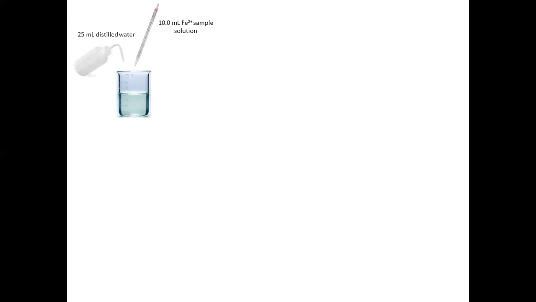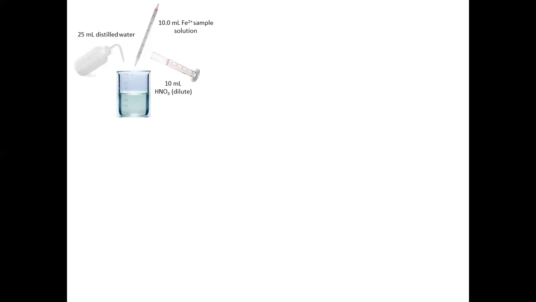And then you have to add about 25 ml distilled water directly from the wash bottle and about 10 ml of dilute nitric acid, HNO3, with the help of a measuring cylinder. So now in this beaker, you have Fe+2 ferrous ion sample and distilled water and dilute nitric acid.